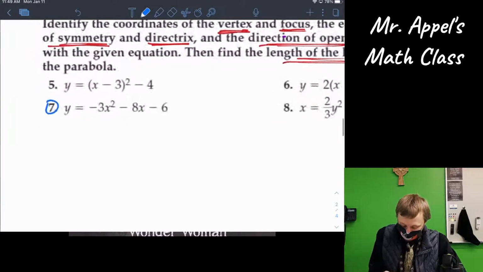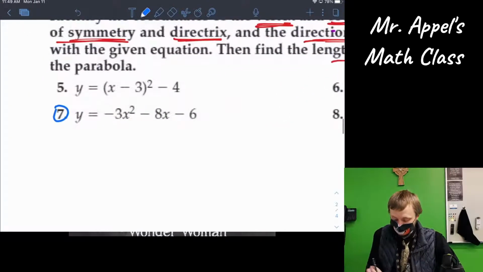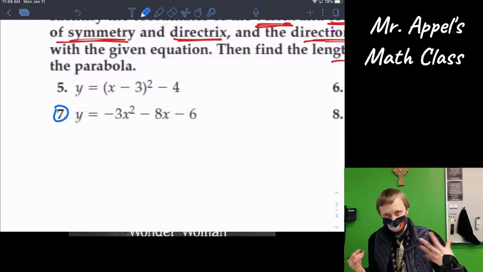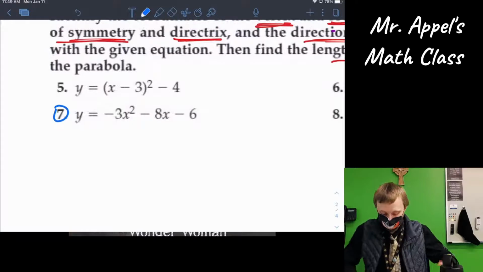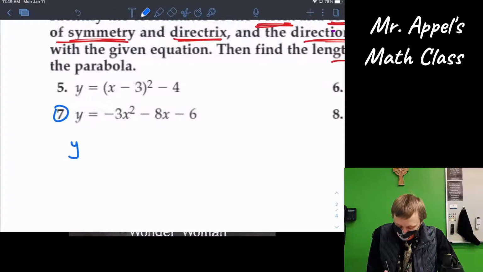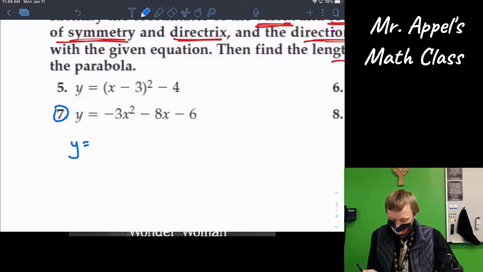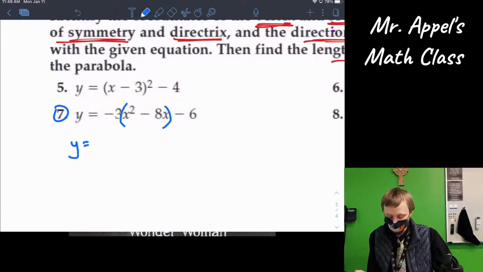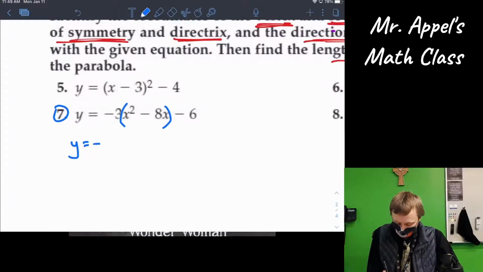There it's in the general form, the polynomial form. So let's practice our complete the square here. So first up, we want to factor out that negative 3. We want to get down to something like that.